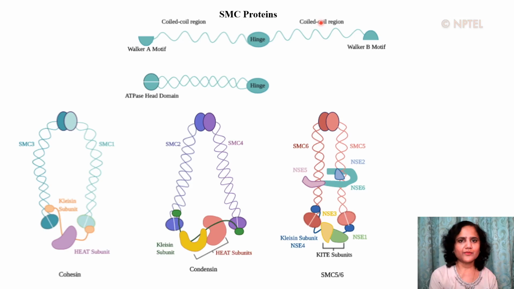So each of the SMC complexes has two different SMC proteins forming a heterodimer and additional non-SMC subunits. Cohesin has two main non-SMC subunits, Condensin has three, whereas the SMC5/6 complex has 6 non-SMC subunits.